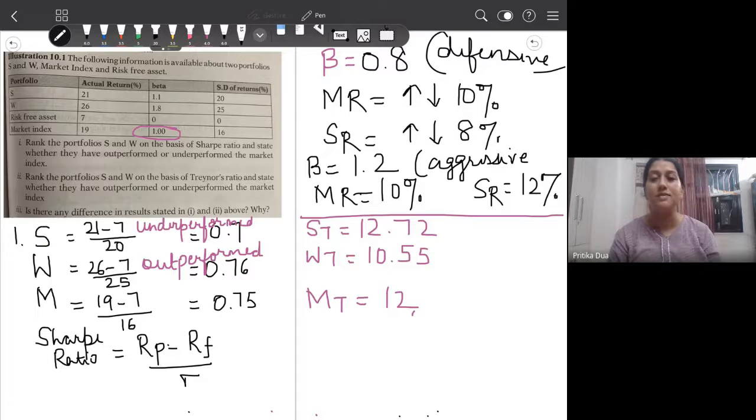If there is no unsystematic risk in your investment, then you will get the same result under the Sharpe ratio and the Treynor ratio. But otherwise, there is a possibility of variation in the result due to the manner in which we are calculating the Sharpe ratio and the Treynor ratio. Okay, so we stop here.